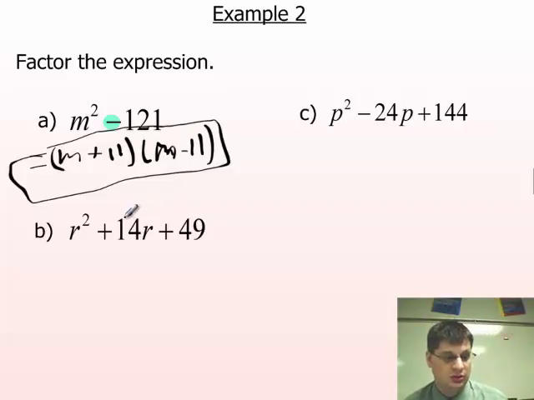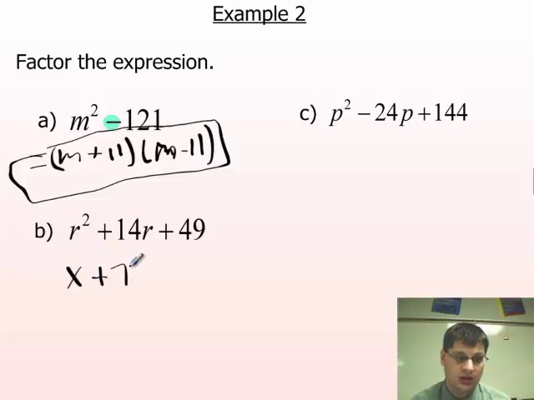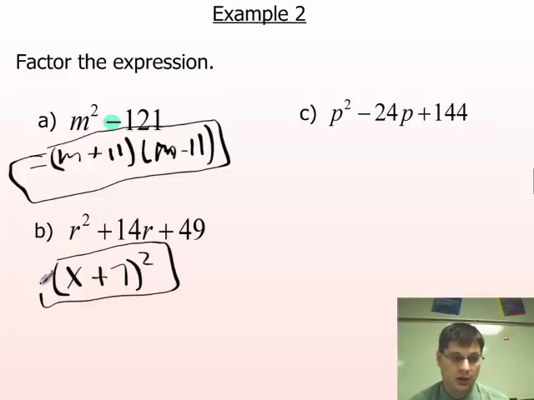Now, is this 2 times a times b? Well, the square root of 49 is 7. If you double 7, that gives you 14, and then the square root of x squared is x, so that works out. So that's going to be x plus 7 times x plus 7, or x plus 7 squared.